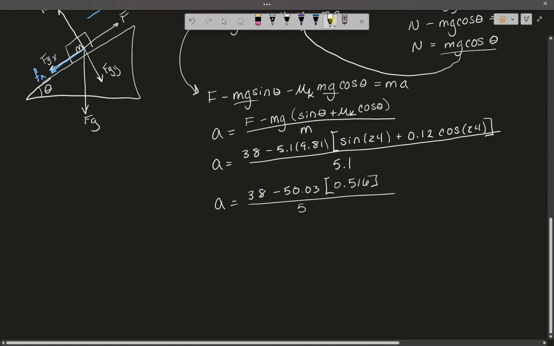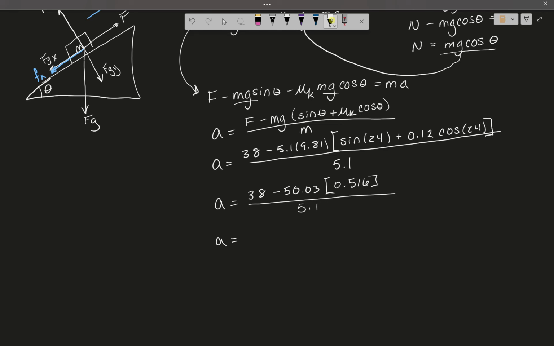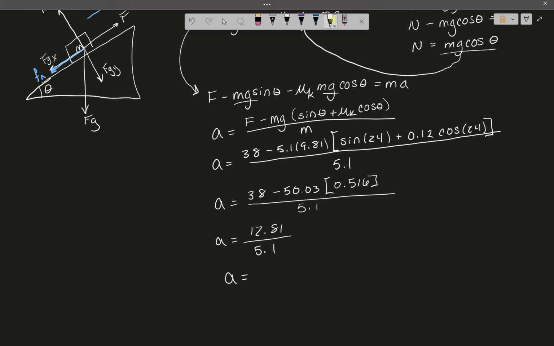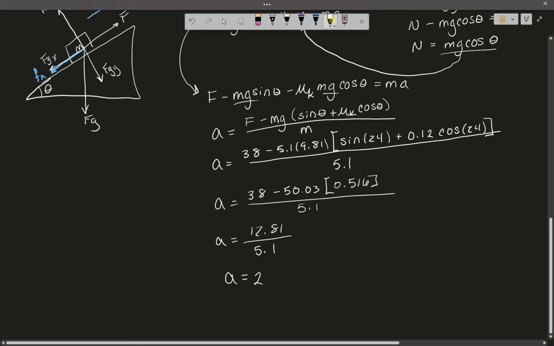This will all be divided by 5.1, and I will get 38 minus 50.03 times 0.516 is 12.81 divided by 5.1, and my acceleration is going to be 2.39 meters per second squared. And this is the solution if I have kinetic friction.